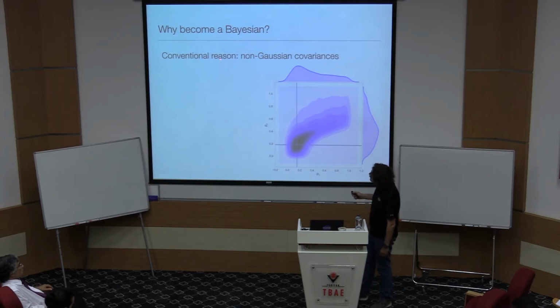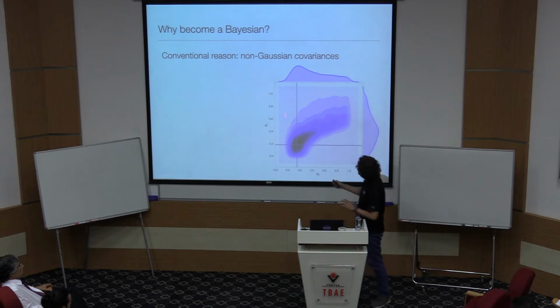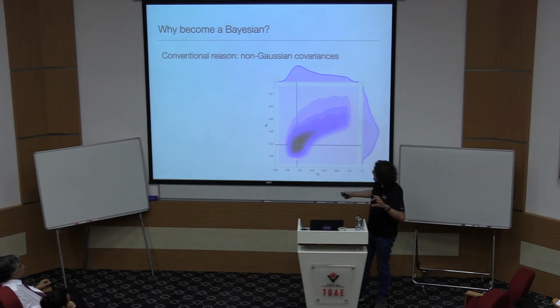But here I just want to point out one reason. Whenever you do the modeling, let's say you have two parameters, theta 1 and theta 2, and you are given some data. Let's not even start with the sampling problem, which gets things complicated.